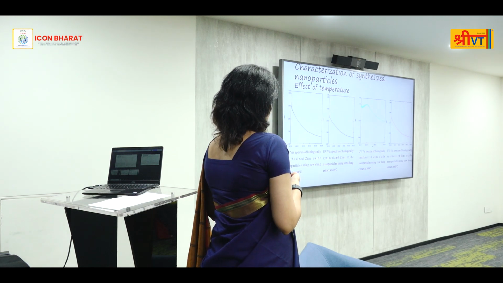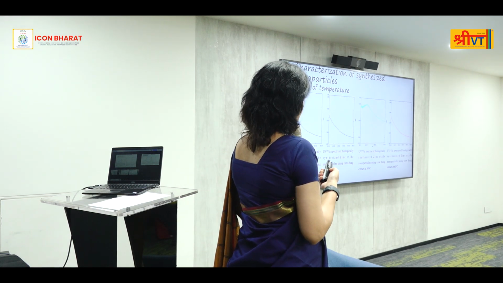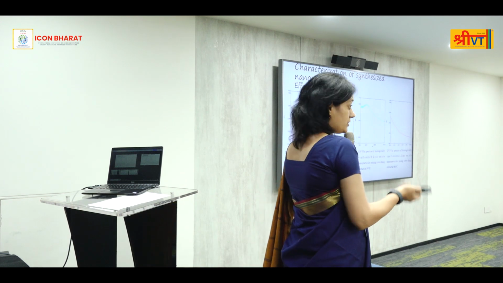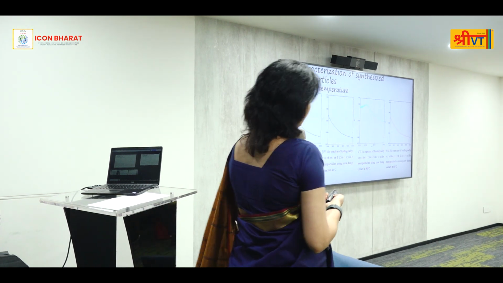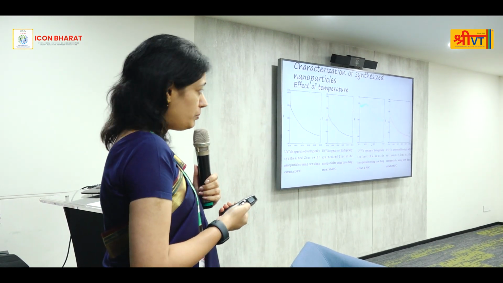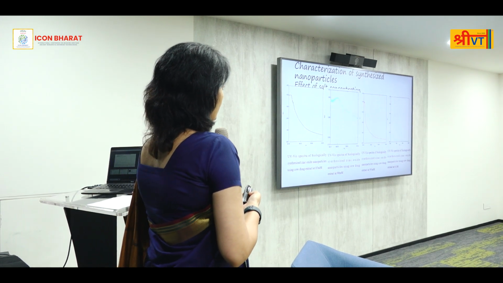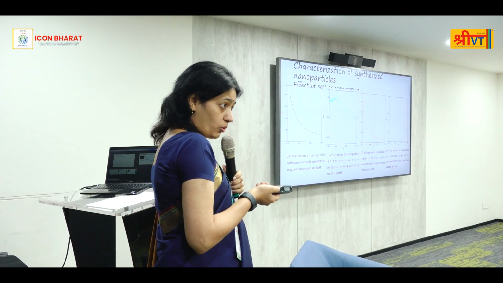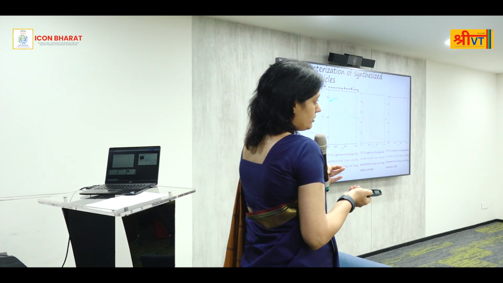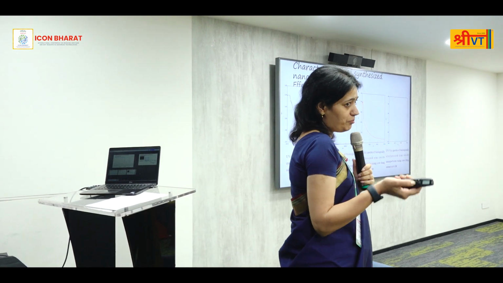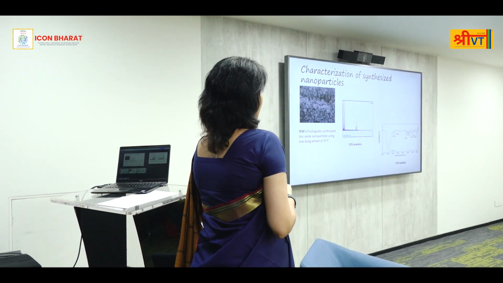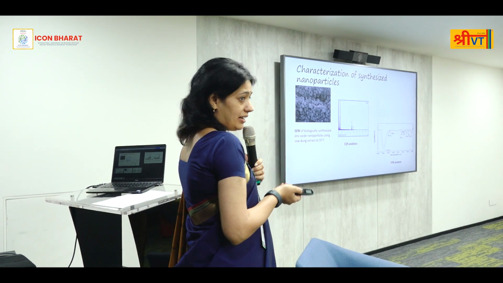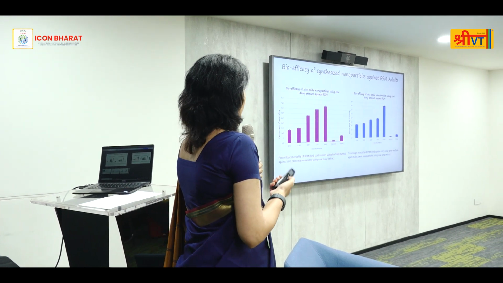So we did spectroscopic studies at 30, 40, 50 and 60 degrees, and we found that at 50 degrees we were able to see some very weak peaks. And then we did it for the effect of salt, when we want to make it as a salt. So we also see, is there any impact on salt? Then we did SEM, EDX and FTIR also.